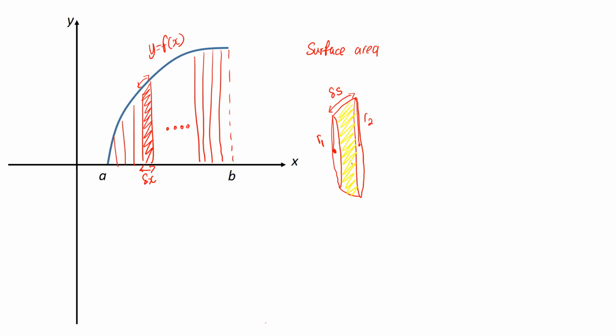If you recall from arc length, we mentioned that small change in s is equal to the square root of 1 plus (small change in y over small change in x) whole thing squared, times small change in x.